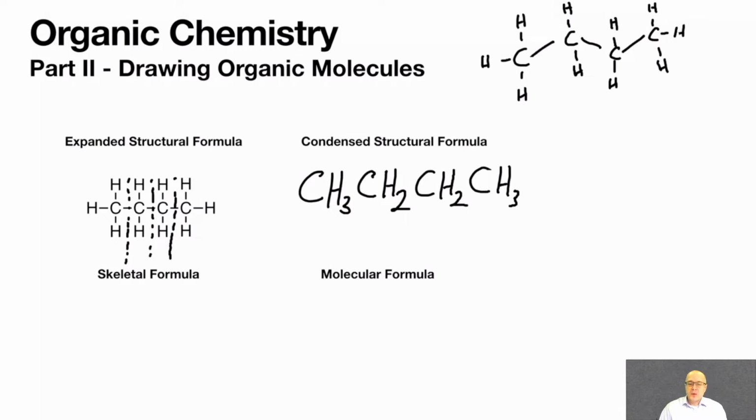So now, when you're drawing a skeletal formula, first of all, you have to understand that the carbons and the hydrogens bonded to those carbons are never shown. Now, if a hydrogen is bonded to any other atom, say oxygen or nitrogen, you have to draw it in. But if it's bonded to a carbon, you don't show it.